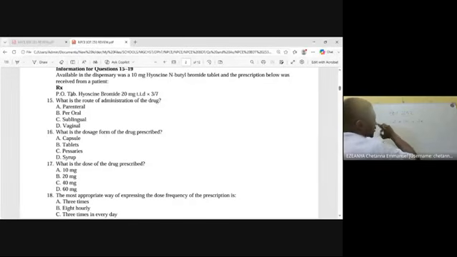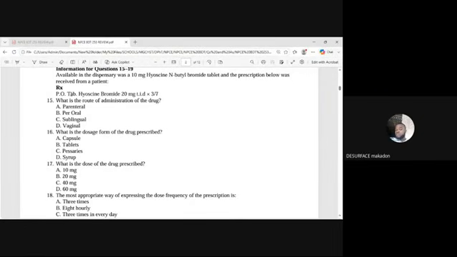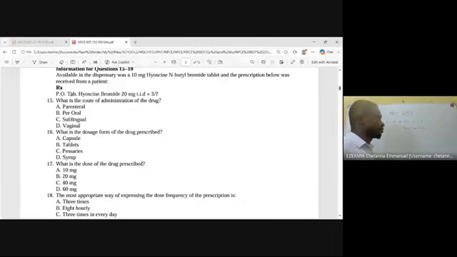Is that clear? 3 times daily or in every day, as they said in the prescription and in the option. Now, does 3 times daily necessarily mean 8 hourly?